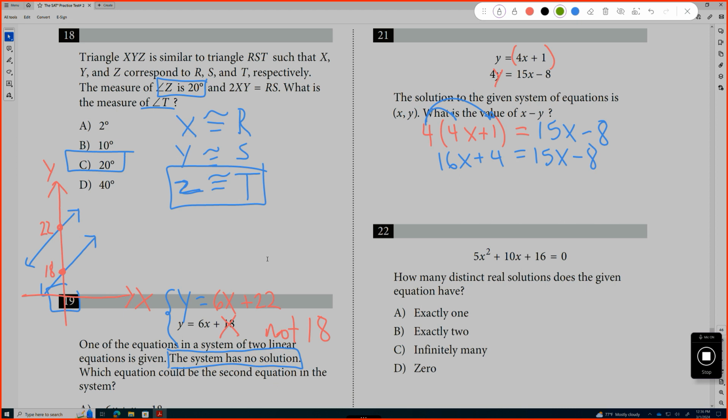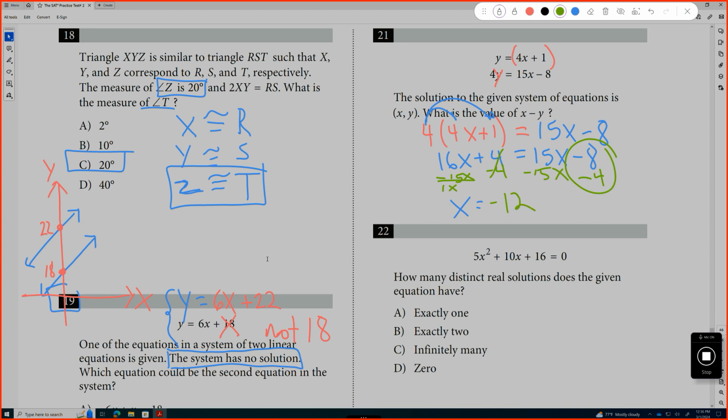Let's take away 15x. That gives me 1x, or just x, which is what I'm looking for. But I do have to subtract 4 and write a negative 4 right here. So when I combine negative 8 and negative 4, I get that x is equal to negative 12.